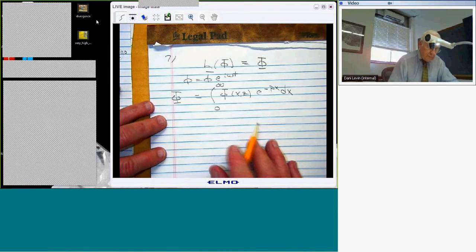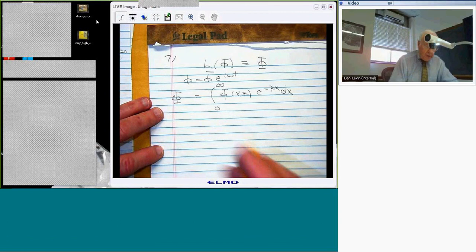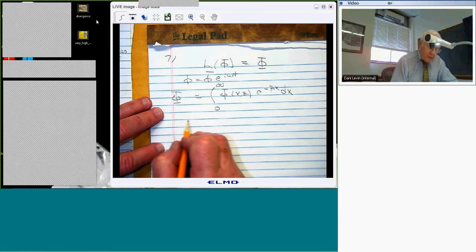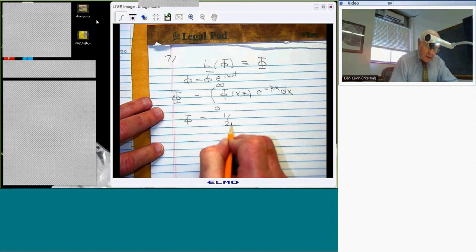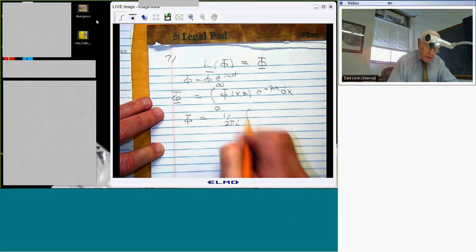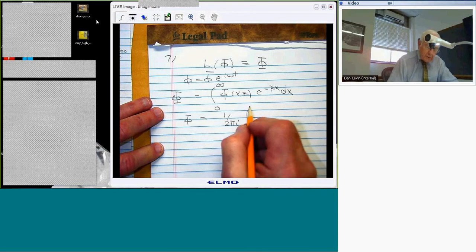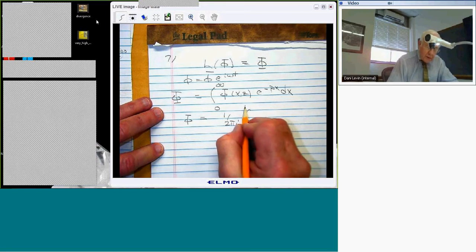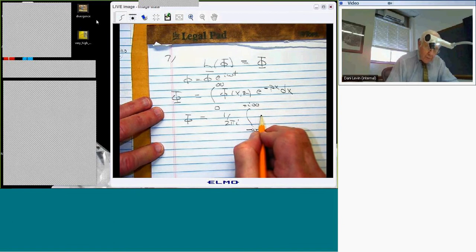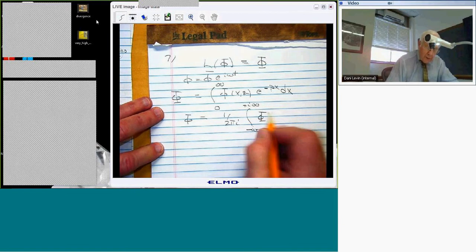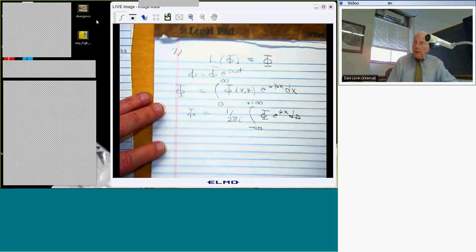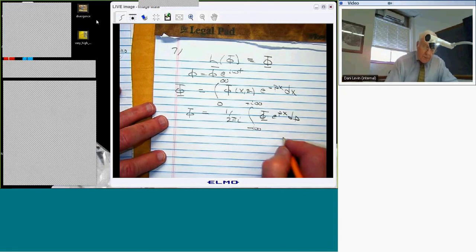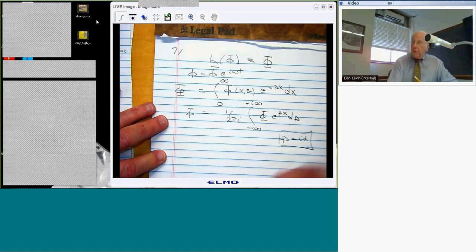And then if you work out the consequence, the inverse transform is the following. Phi bar is equal to 1 over 2 pi i, the integral from minus i infinity to plus i infinity, of capital Phi e to the plus px dp. Okay? And if you let p equal i alpha, you can show this reduces to a Fourier transform.